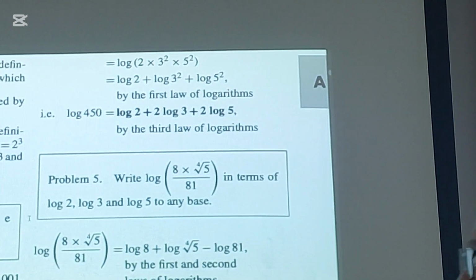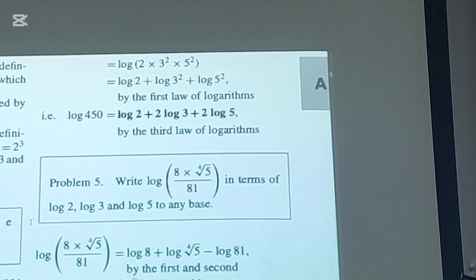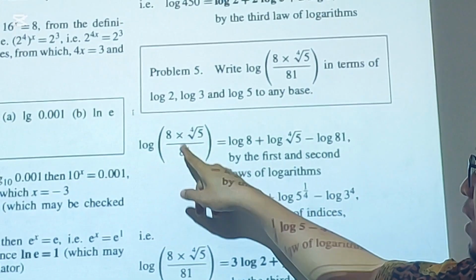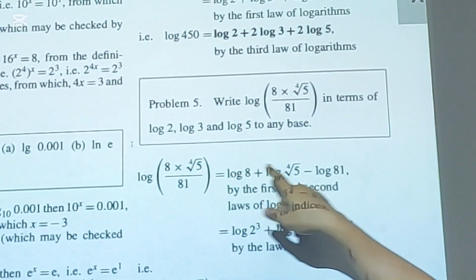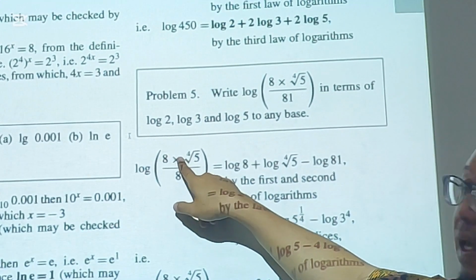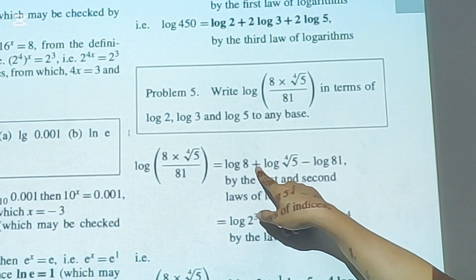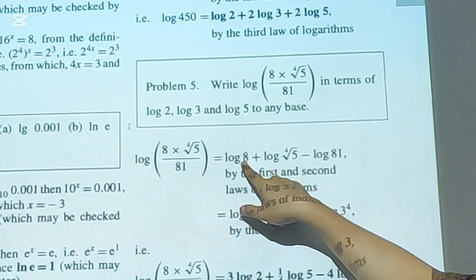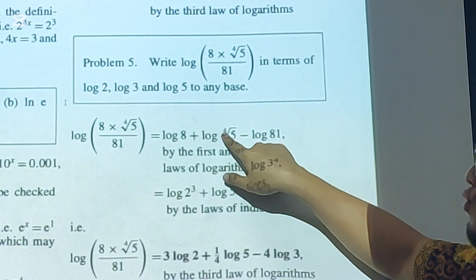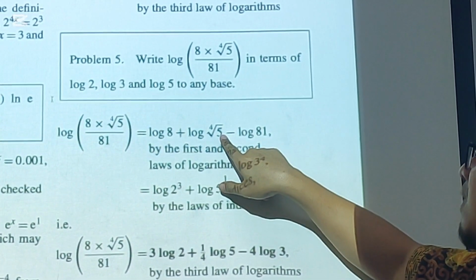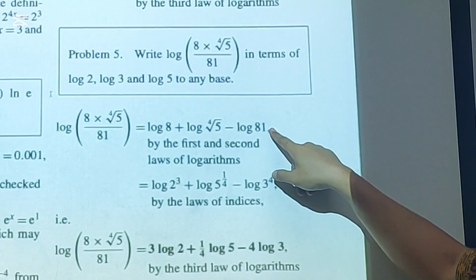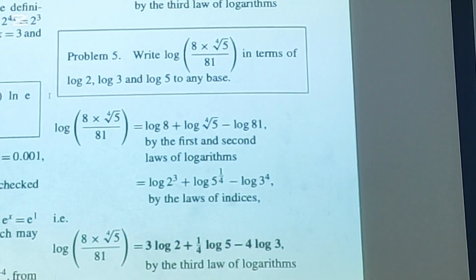First we have to convert the first shape. Log, this one and this one will be a minus, and this multiplied will be plus. So it will become log 8 plus log 4 whole square by 5 minus log 81.